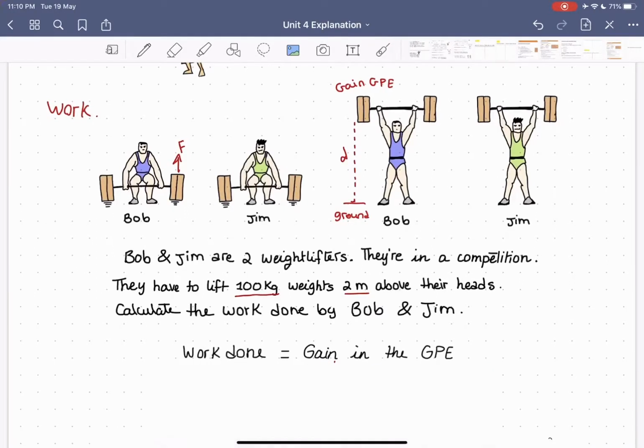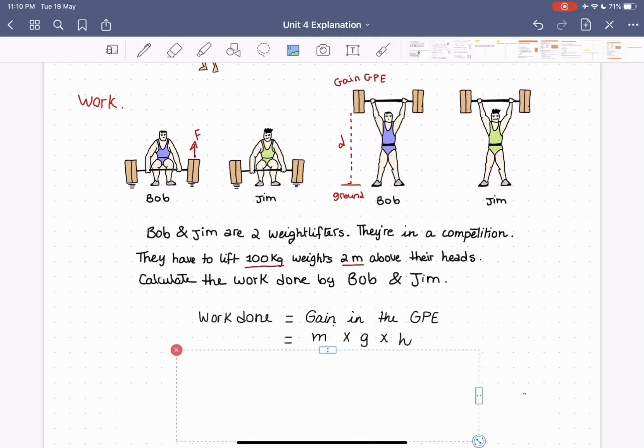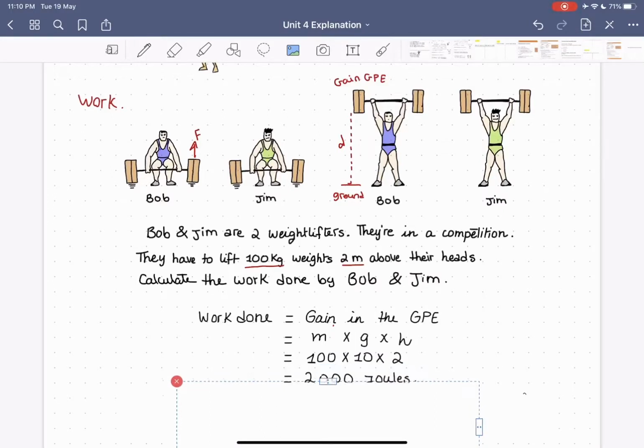And the gain in the gravitational potential energy is equal to the mass multiplied by the gravity multiplied by the height at which the object was displaced. So we will multiply 100 by 10 by 2, and so we can state that the work done by both Bob and Jim is 2000 joules.